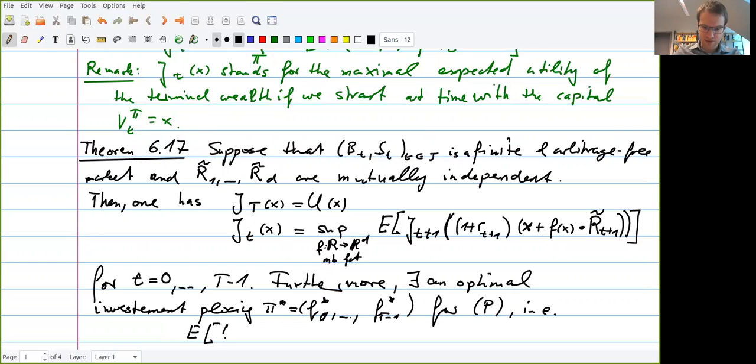If I follow this investment policy P star, my expected utility of my terminal wealth generated by P star is equal to the maximum over all investment policies of the expected utility of the terminal wealth.